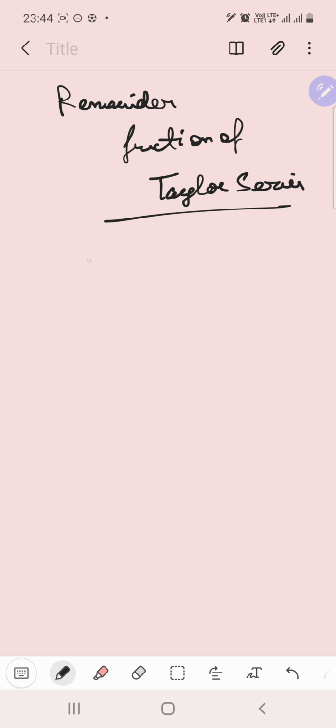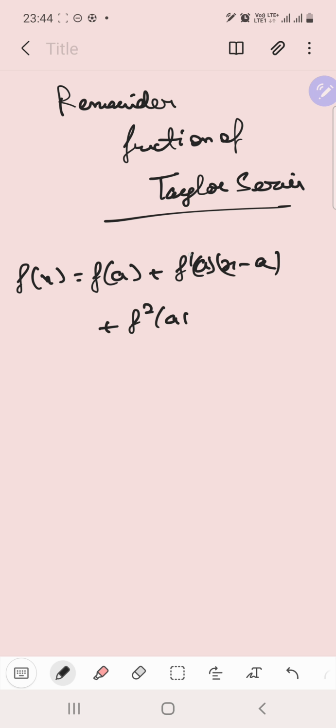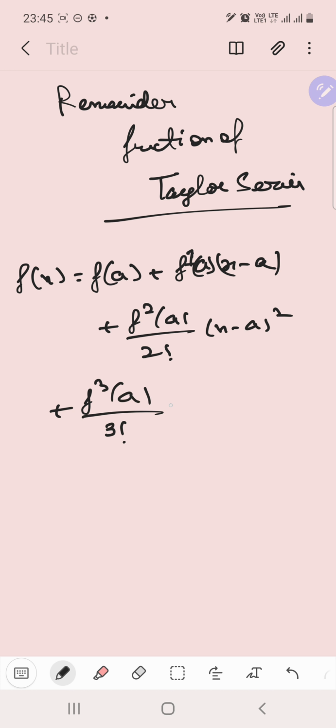So basically, you already know the Taylor series, which is given as f(x) equals f(a) plus f'(a) times (x minus a) plus f2(a). So let this be f1(a). Okay, so f2(a) over 2 factorial times (x minus a) whole square plus f3(a) over 3 factorial times (x minus a) whole cube, and this goes on till some nth element.